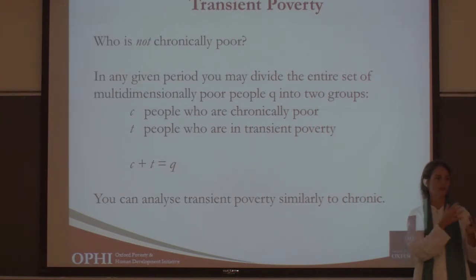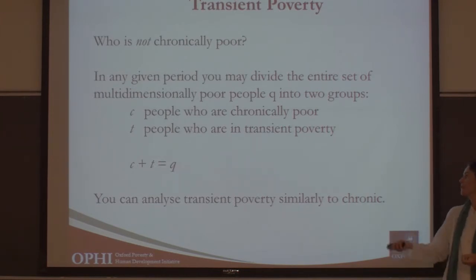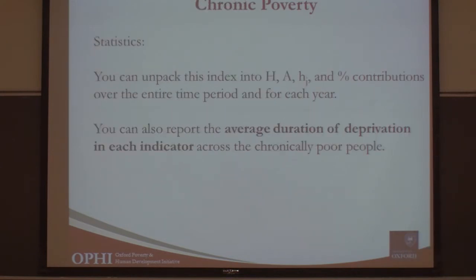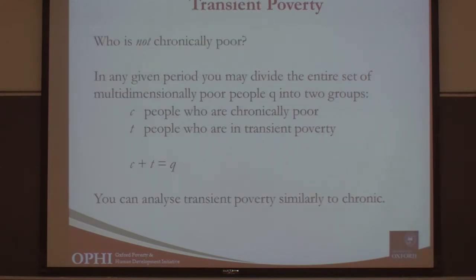Of course, exactly what that will be depends on your tau cutoff. But you do the exact same thing, except you look at people who are multidimensionally poor in strictly fewer than tau periods, and they will be your transient poor. Then you can look at all of their indices in the same way, and they will add up to Q, the number of people who are multidimensionally poor.